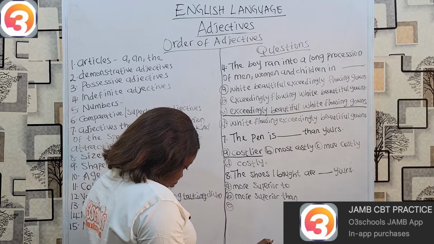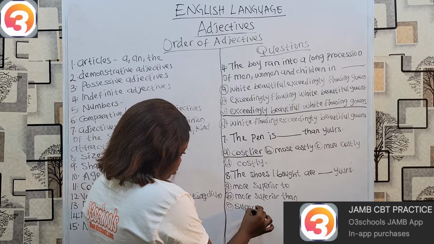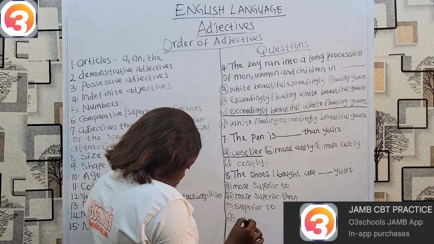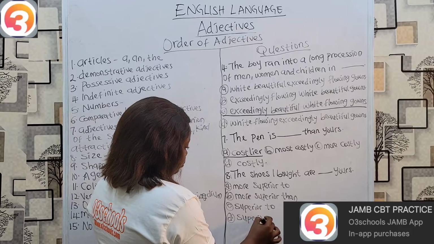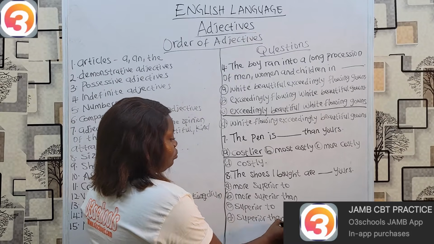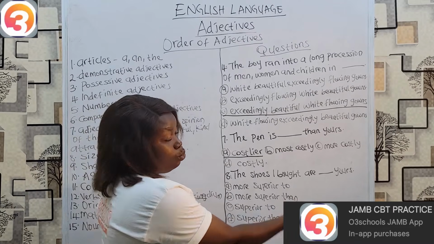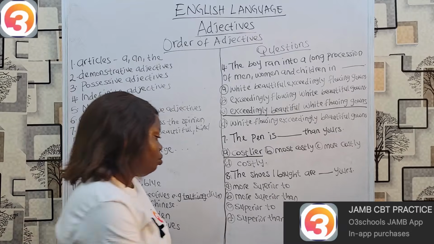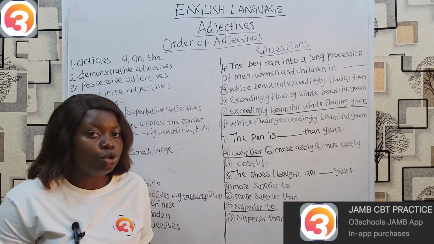C, superior to. D, superior than. Superior is one of the adjectives that we do not use than with. We also don't add more to it. So the answer here becomes the shoes I bought are superior to yours.